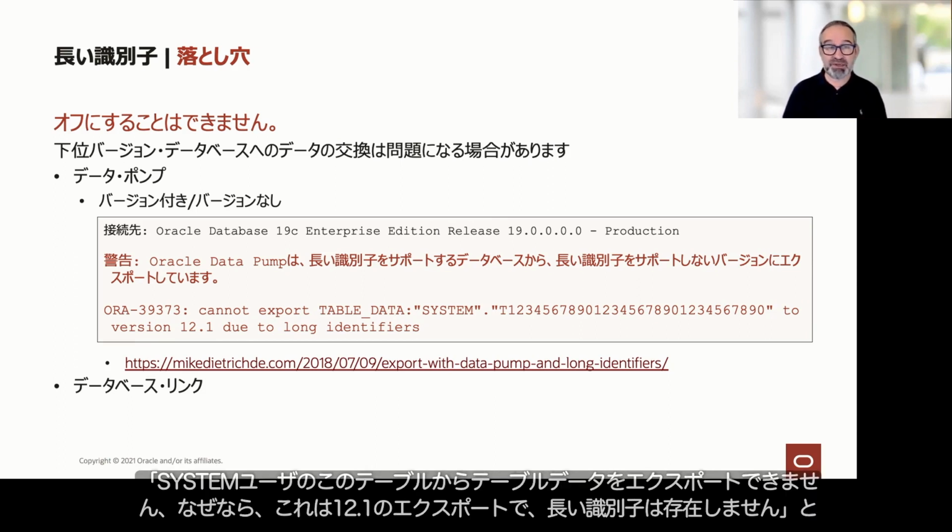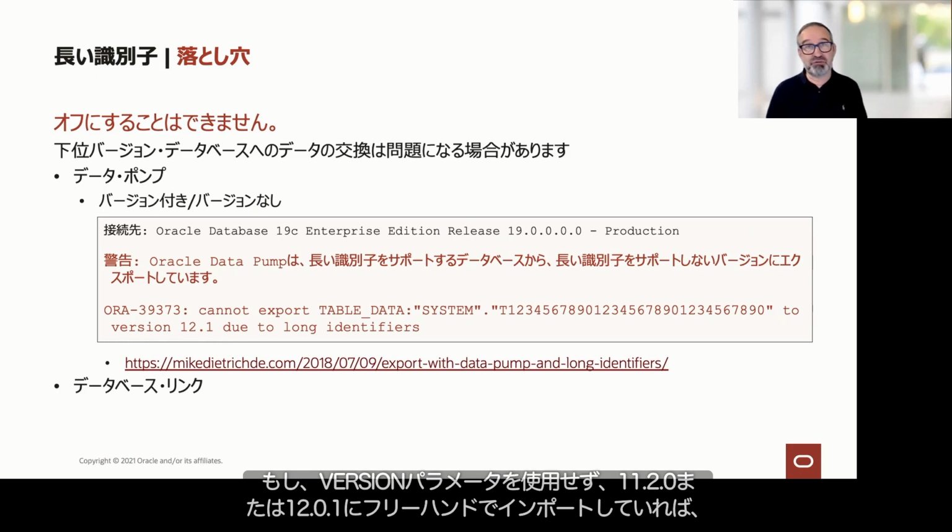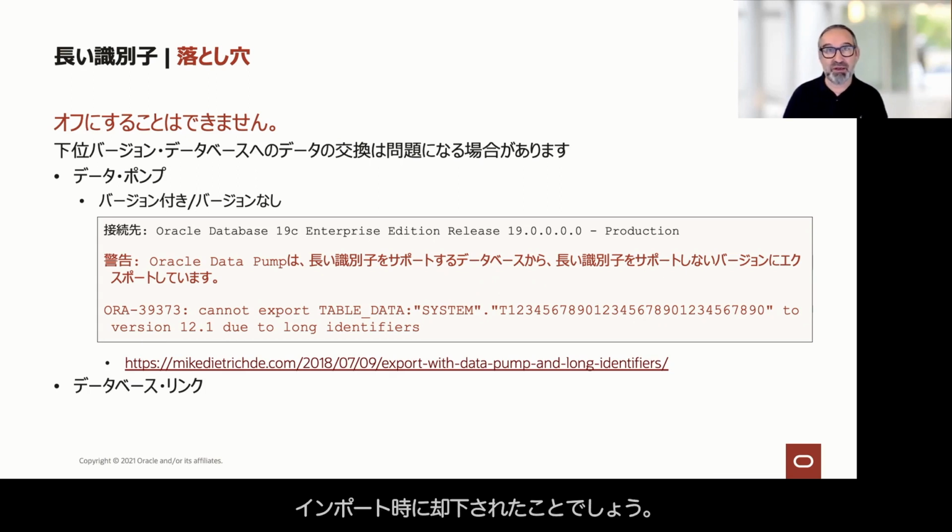And then it warns me and says, hey, I cannot export the table data from this table here in the system user because, or this was a 12.1 export, long identifiers are not there. If I wouldn't have used the version parameter and just imported freehand into 11.2 or 12.1, I would have seen the error then during import.